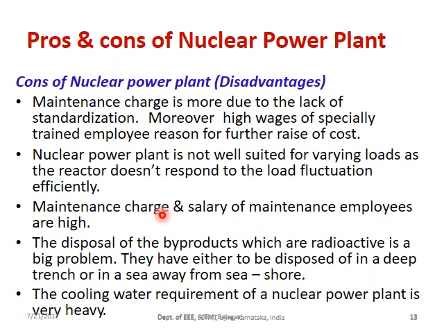As we are dealing with very hazardous material such as uranium 235 or thorium 232, the maintenance charge and the salary of such employees are very high as compared to the employees involved in steam power plants or other conventional means of generating electrical energy.